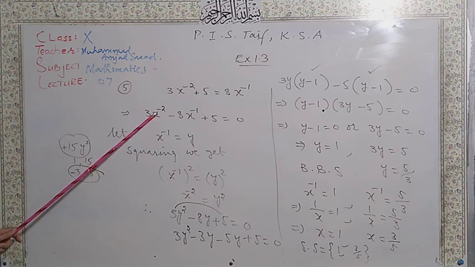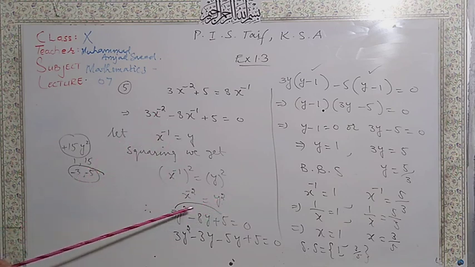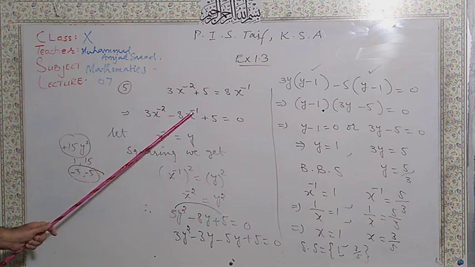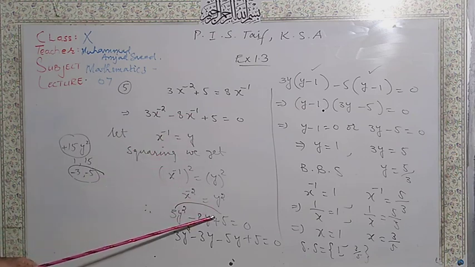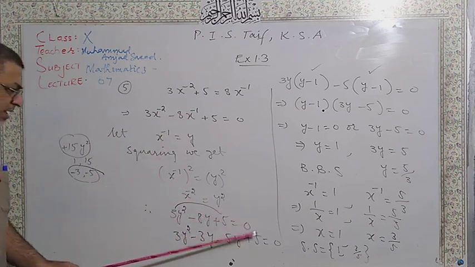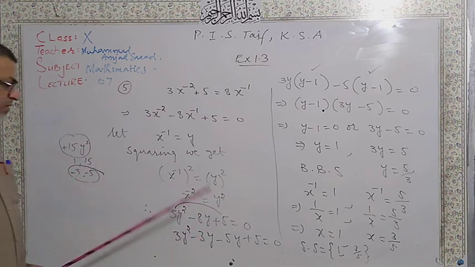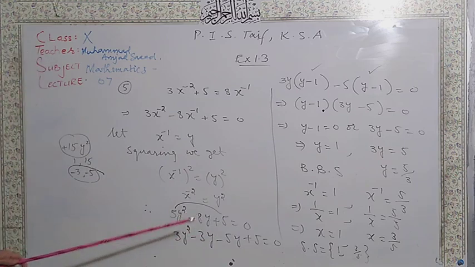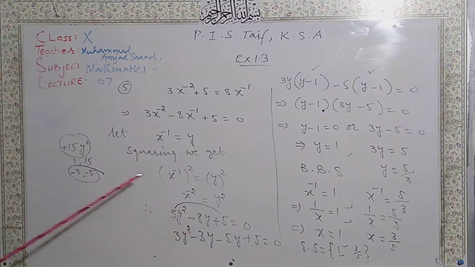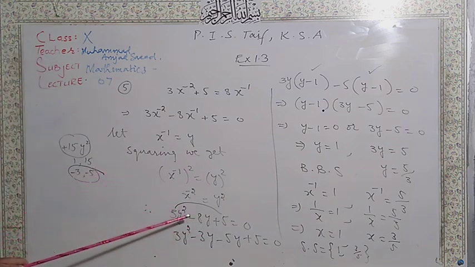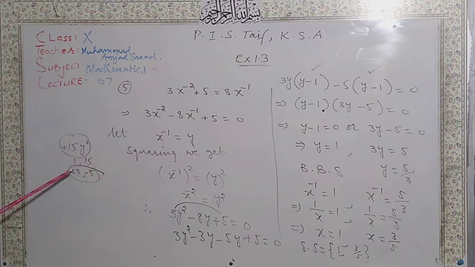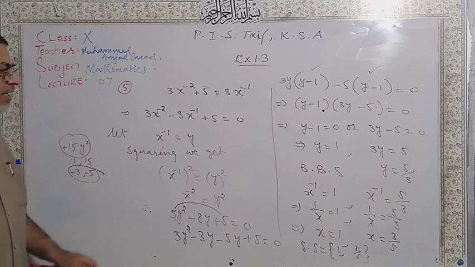So instead of x^(-2) we apply y^2, and instead of x^(-1) we apply y. Now we multiplied and made the pairs 15y^2: 1 and 15, 3 and 5. 3 and 5 is the pair which makes 8, but the bigger component will have the sign of the center term, so this is minus 5 and minus 3, and you can write it down.